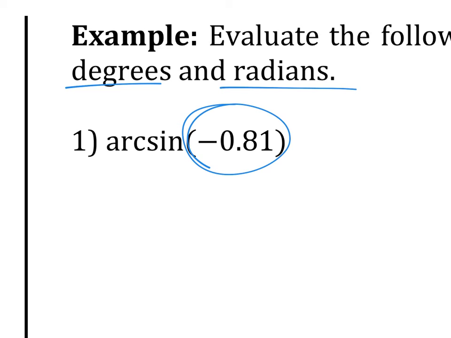And then find your inverse sine function. So second sine. And then you want to type in negative 0.81. Negative is the very bottom button, not the minus sign. If you use minus sign, your calculator will say error.